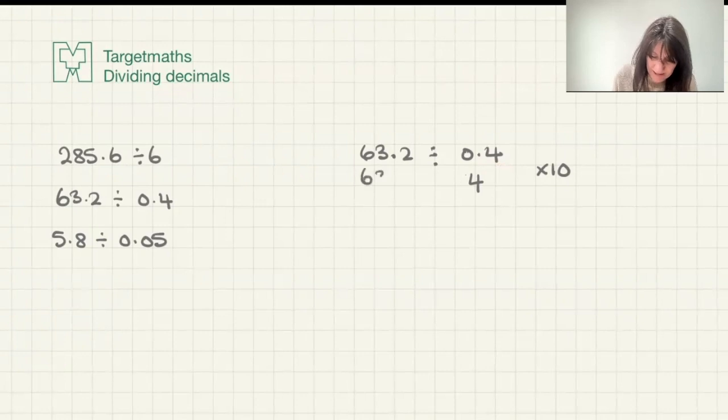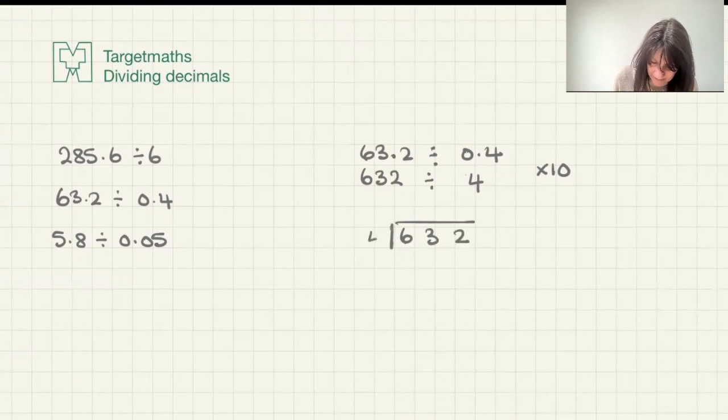So that will give me 632. All the numbers shifting up one place value, or the decimal moving down one. And now I've written a question that's equivalent and that actually has no decimals. So that's just a lucky coincidence.